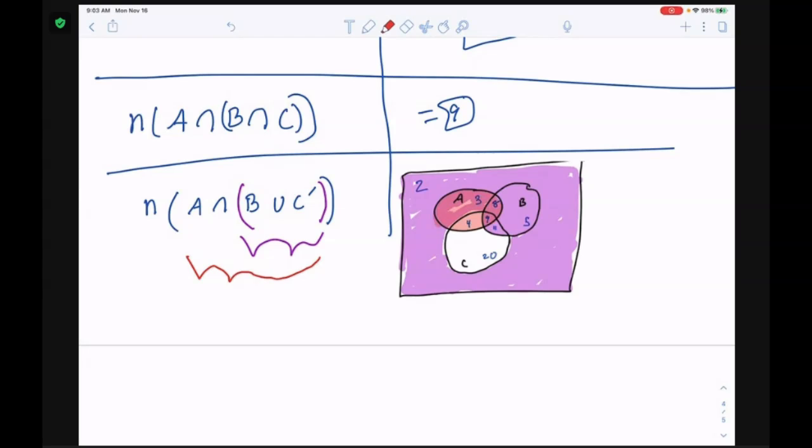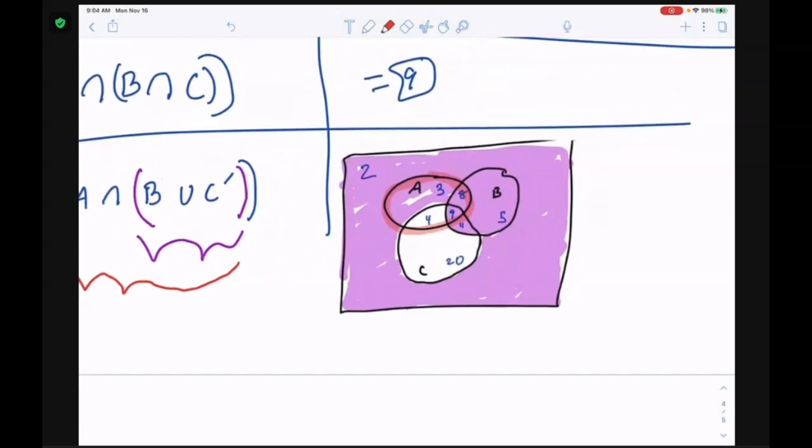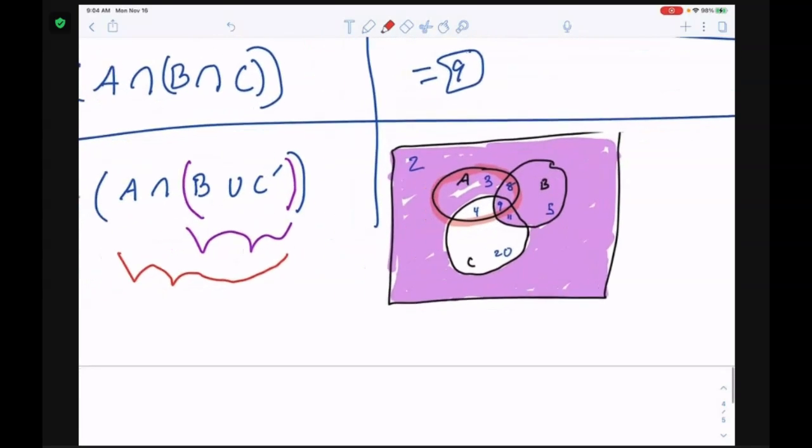The intersection means that we only want what was in our current region as well as being inside A. So what of the region I shaded is inside A?